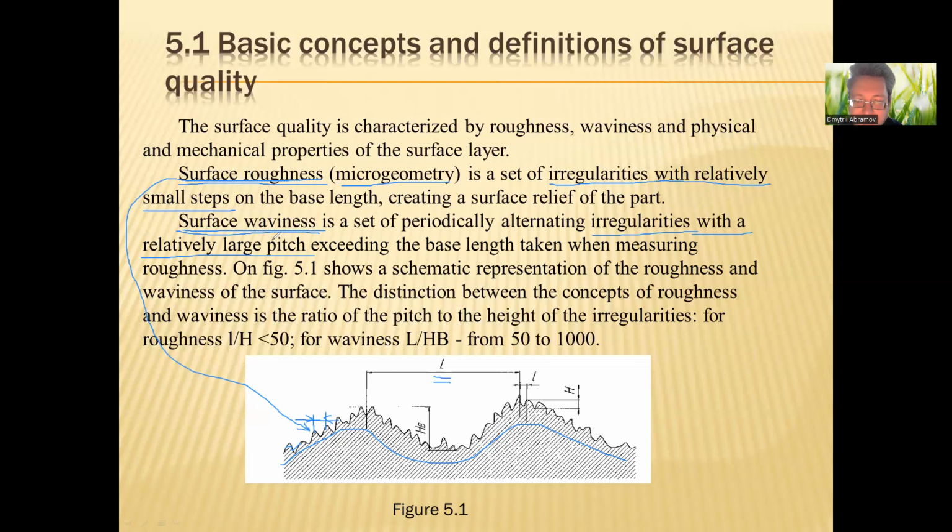Figure 5.1 shows a schematic representation of the roughness and waviness of the surface. Write down to your notes this scheme, figure 5.1, with roughness and waviness.